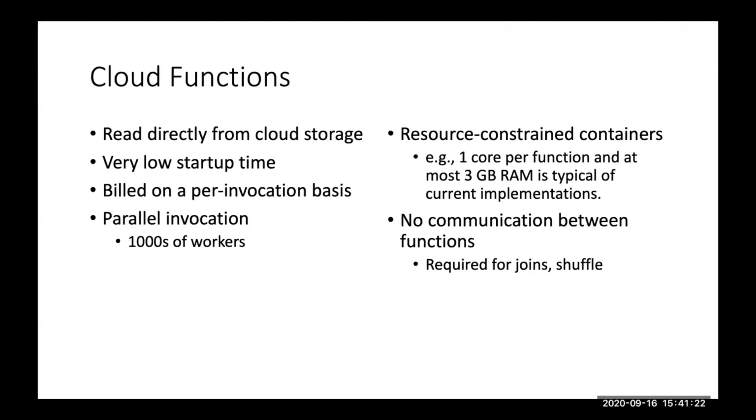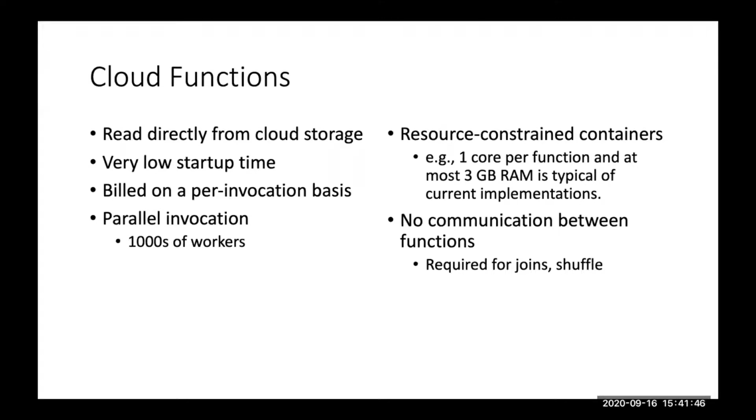In general, these cloud functions are resource constrained containers, and they typically have one core and very little RAM, for example. And most importantly, you cannot communicate between functions. One running container cannot communicate with any other cloud function container.